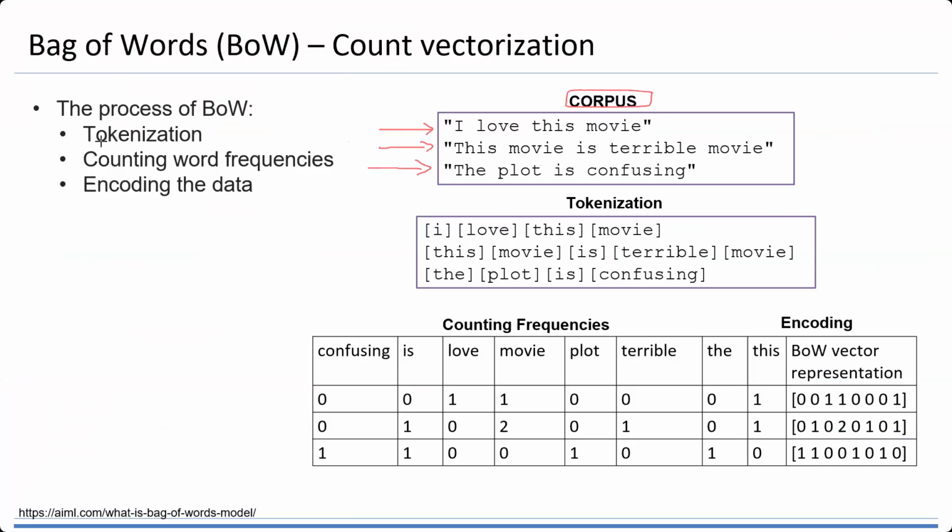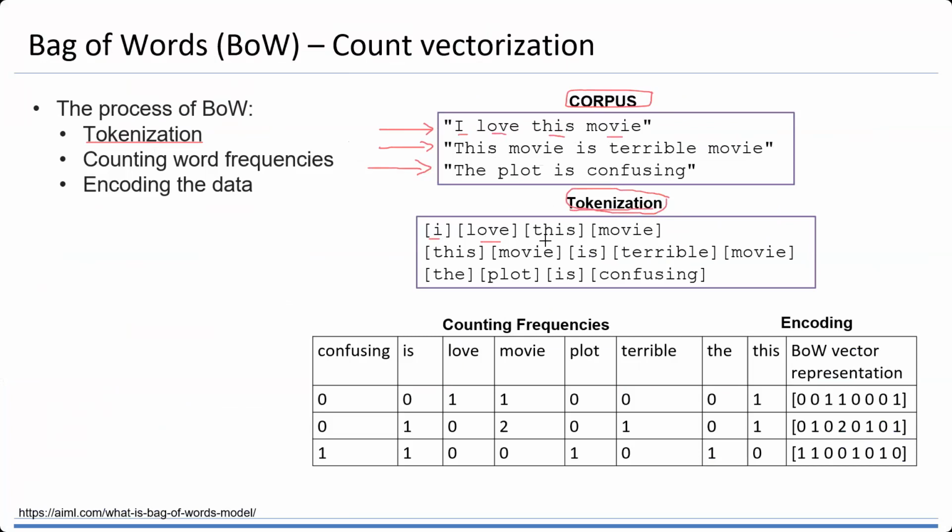So we will do the first step, which is tokenization. You already know the tokenization. It is from the text pre-processing we already learned last time. With the tokenization, we will split every word.